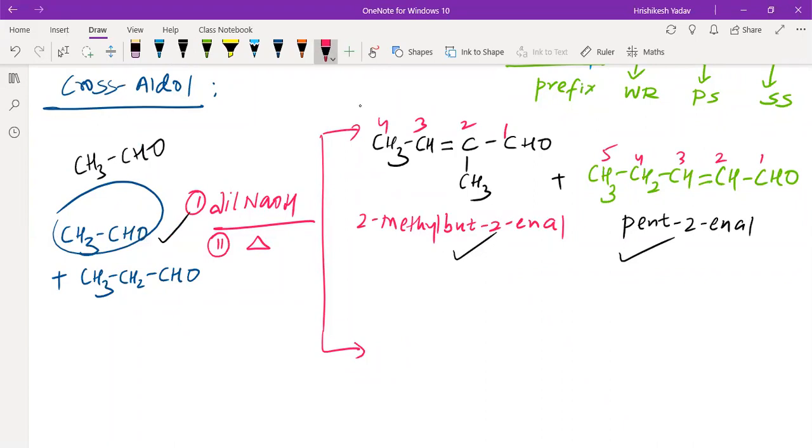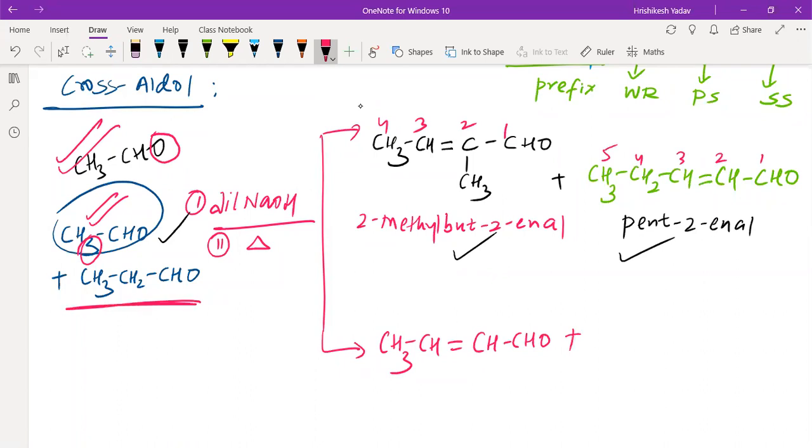Means what? Oxygen of one and hydrogen of other. So what will you get? Start from top. You'll get CH3, CH, now double bond. Come to this CH, CHO. Similarly, you have to think of this now. One molecule is there, one more molecule you write here.